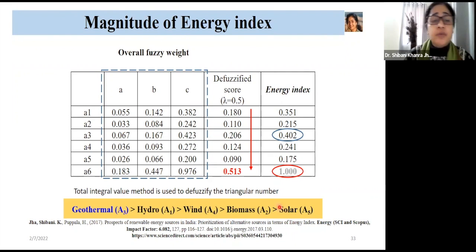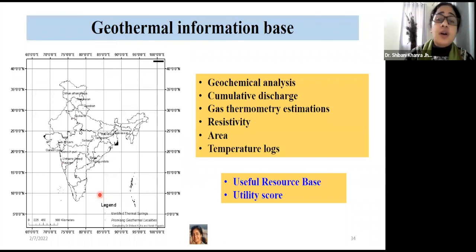However, we have not explored geothermal in the Indian context. So this lies as one of the challenging factors to promote geothermal in India. To understand this aspect, it is important to understand how much and how wide the geothermal information base is in the context of India.